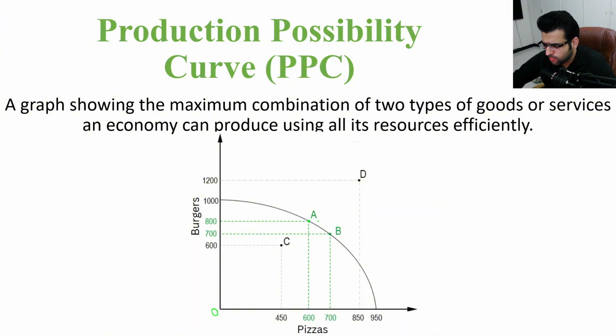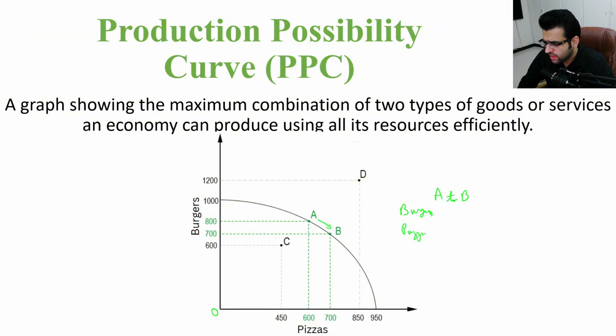If we move from point A to point B, that is, if we move from this point to this point, what will happen? We will be producing 700 burgers and 700 pizzas. So what did we gain by moving from A to B? If we move from point A to B, first we'll say we had burgers and we have pizzas.